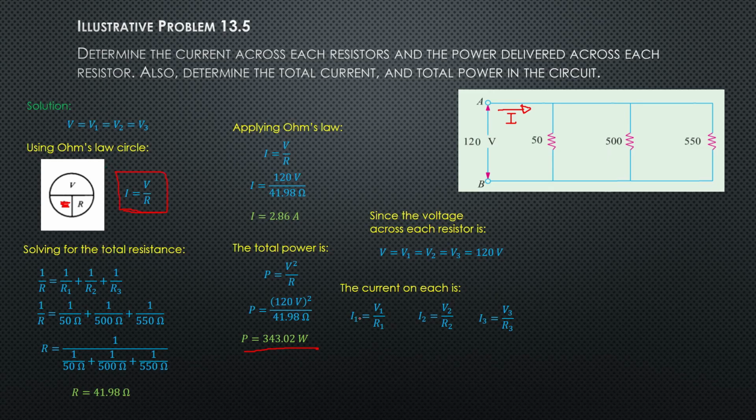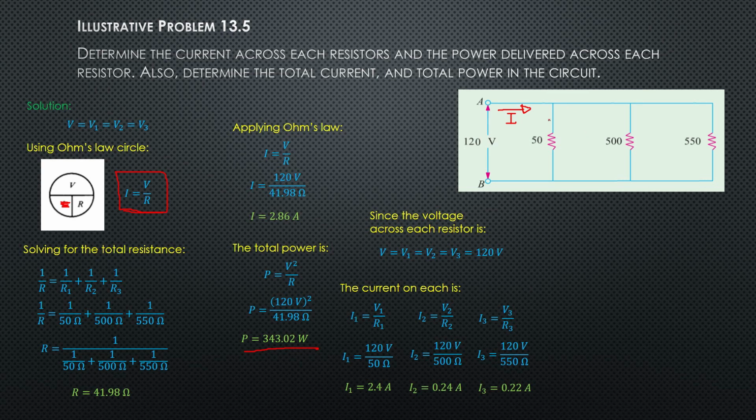So I1 is equivalent to V1 over R1, but V1 is 120 volts and R1 is 50, right? So that gives us 2.4 amperes. And for I2, V2 is 120 and R2 is 500, so substituting gives us 0.24 amperes. And for I3, 120 volts divided by 550, which is R3, gives us 0.22 amperes.